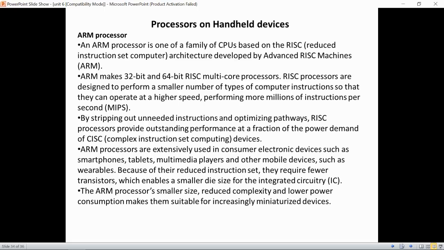All the devices which we are using, whether it is your mobile phone or your smart devices, or any device on which a RISC processor is installed, which is movable or wearable, all use ARM based processors. ARMs are very small in size and have very little complexity, and due to these ARM processors, the overall size of your computers has reduced a lot.